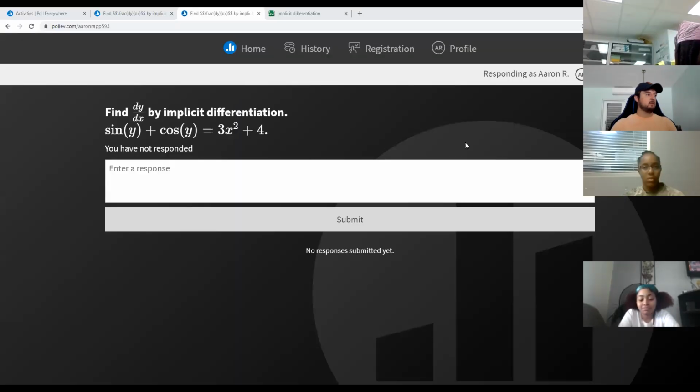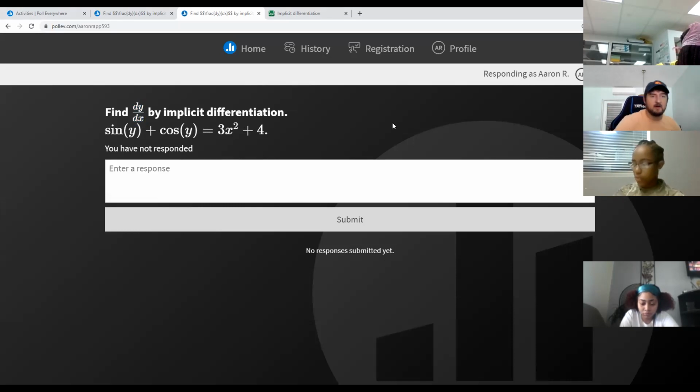For this one, again, I want to find dy over dx, so I want to find how y changes with respect to x, for the equation sine of y plus cosine of y equals 3x squared plus 4. Just like the last equation, the starting step is to take the derivative with respect to x, because I want to find out how y changes as x changes.